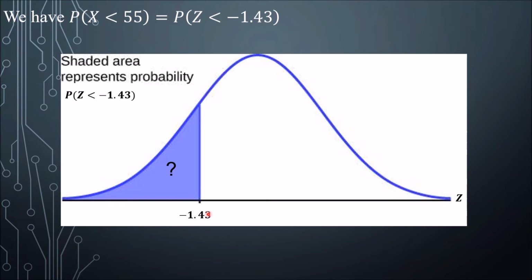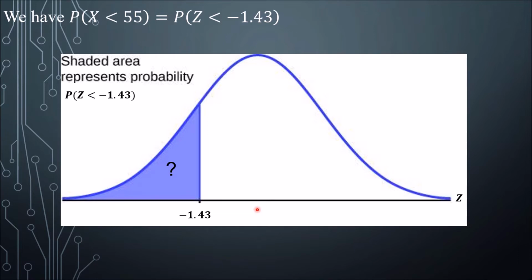So graphing that, the probability that x is less than 55 is the same as the probability that z, the z-score, is less than negative 1.43. In the graph, the middle number is the mean, which is 0.